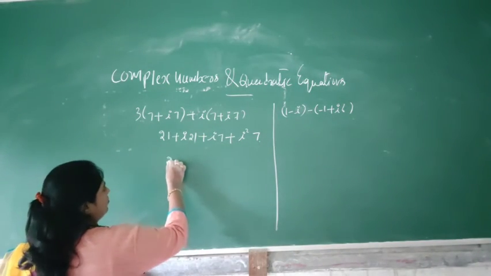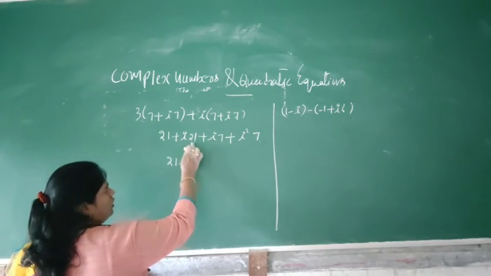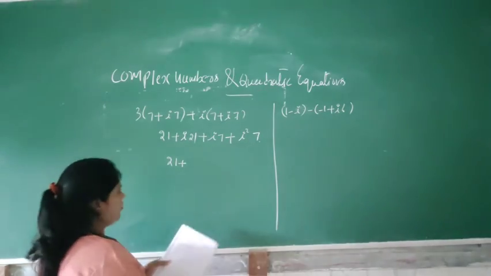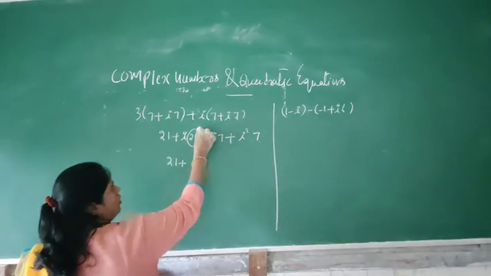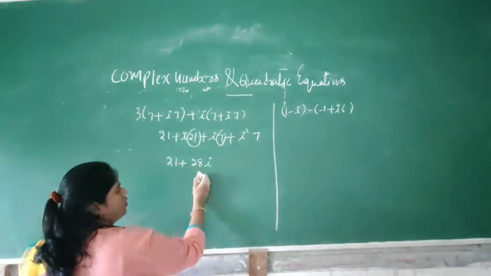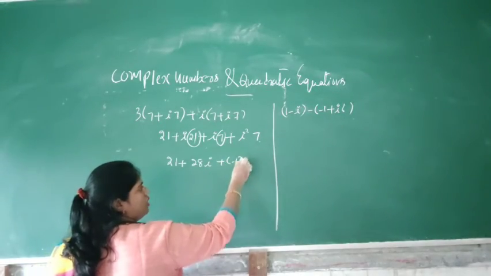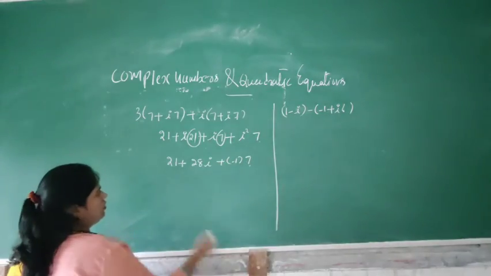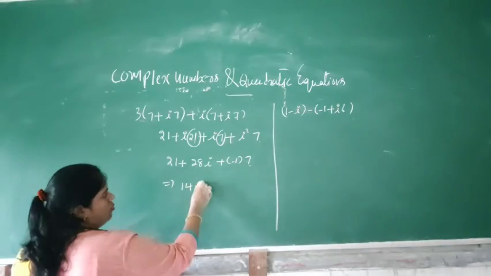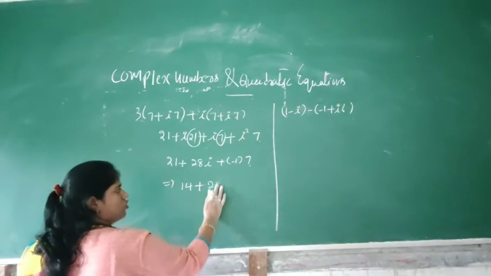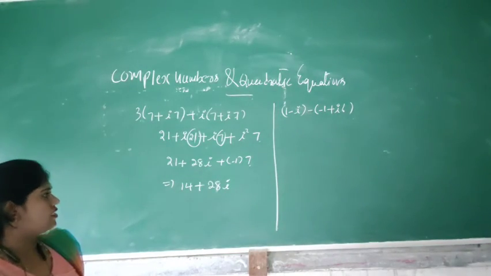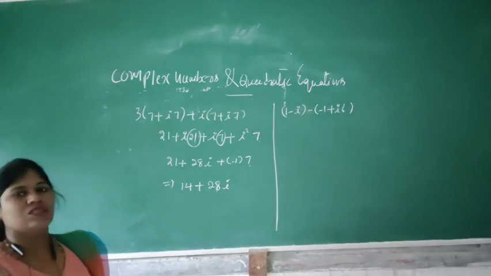So 21i plus 7i is 28i, so this is the imaginary part. Then i square value is minus 1 into 7, so the real part is 14 plus 28i. So 14 plus 28i. Only this much, okay?